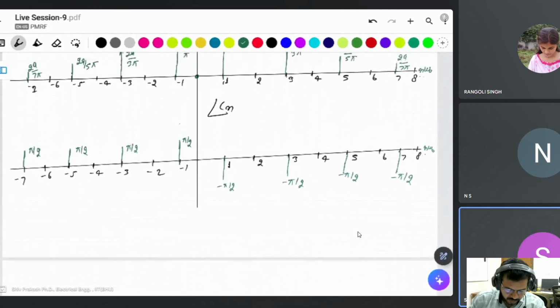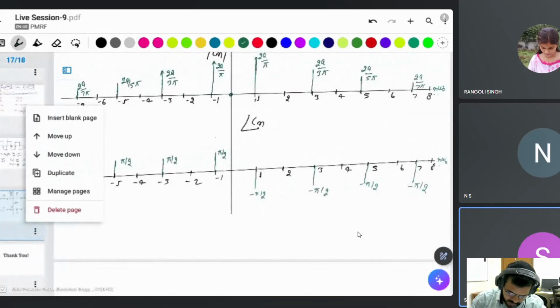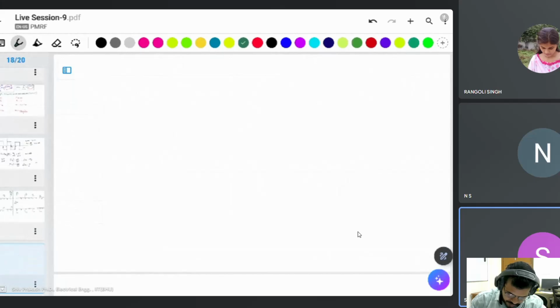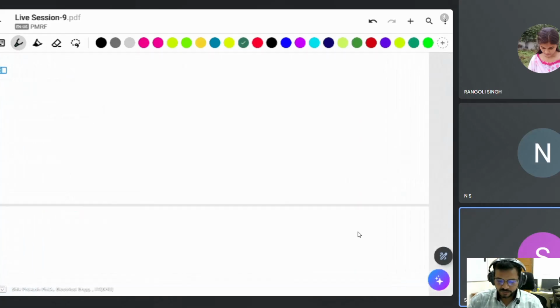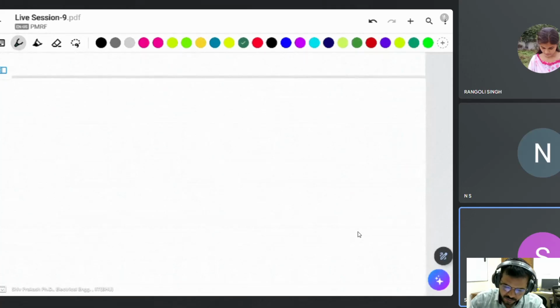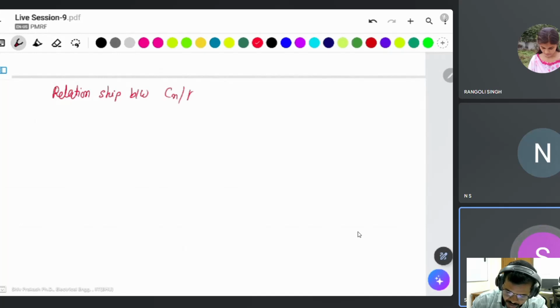And what is the relation between the complex exponential Fourier series coefficient and the polar plot, Cn and Dn?